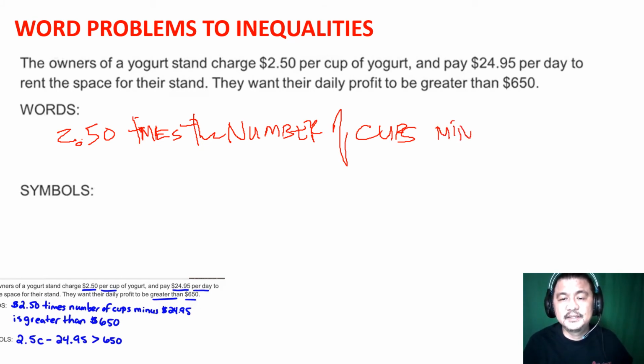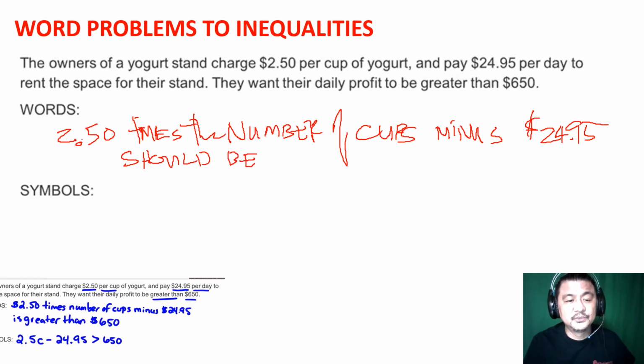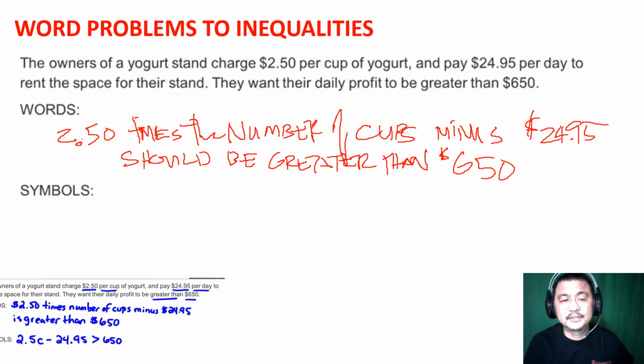Okay, minus. You'll have to pay rent for 24.95 rent. But guess what? You need to earn something. So this money, take away the expenses, should be greater than 650.